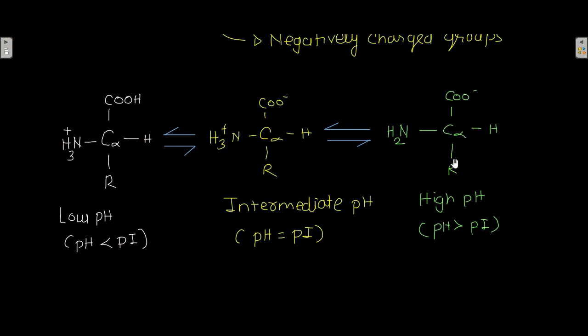That is the reason why the overall charge on the amino acid will become negative. So at high pH, the amino acid is negatively charged. At intermediate pH, there is no charge on the amino acid, and at low pH, the amino acid is positively charged. And this is how the amino acid is known as a Zwitter ion.